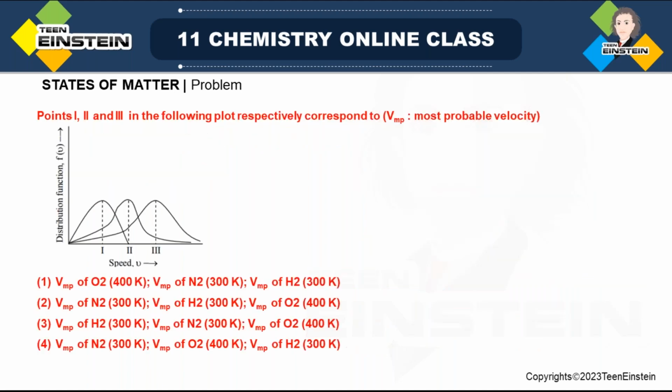So here we have a problem. One graph is given in the question, and here 3 different points are marked with a dotted line which cut the v, that is speed, which is on the x-axis. This is nothing but the most probable velocity, VMP, where it has touched this speed axis, x-axis.